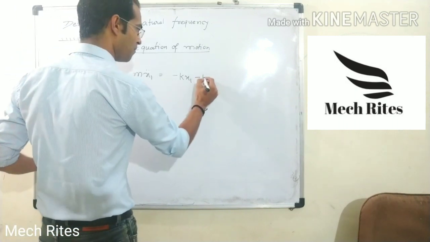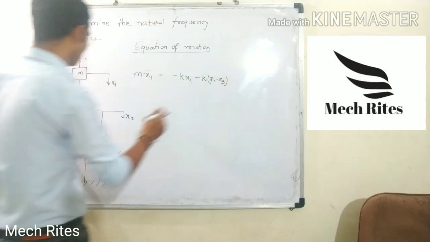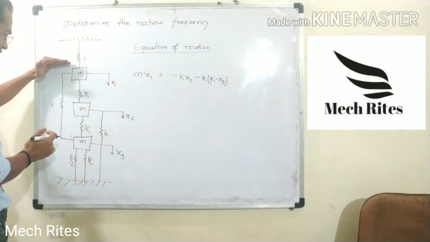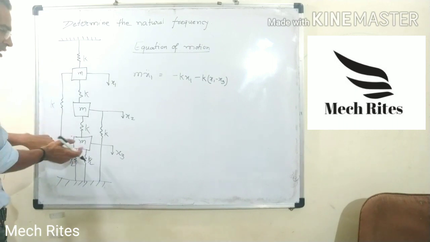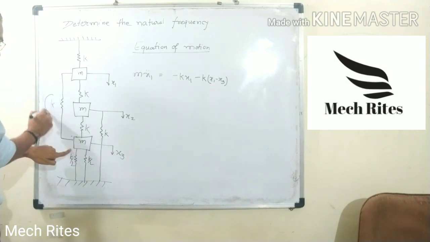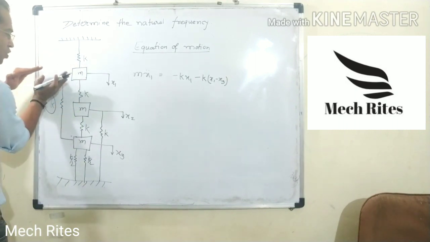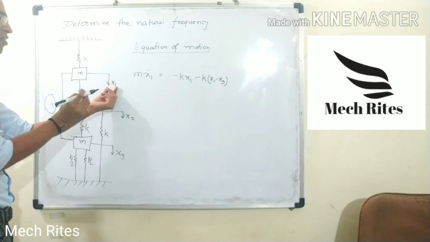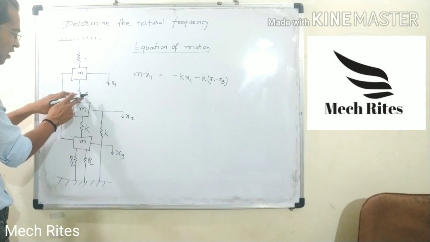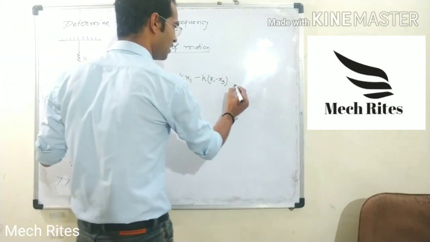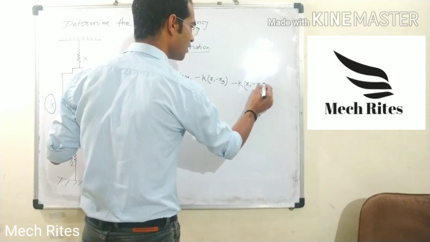So I will write here minus k (x1 minus x3), or you will see the change in x1 due to x3 or due to this spring, because whenever I push it, it will go to the opposite. So there will definitely be some change in x1 due to this spring. Now this spring will also play a role. So I will write here minus k (x1 minus x2).